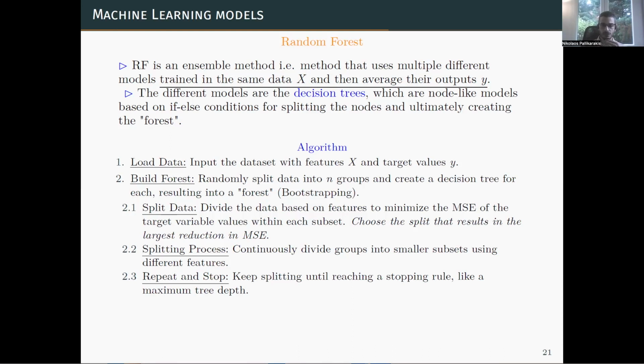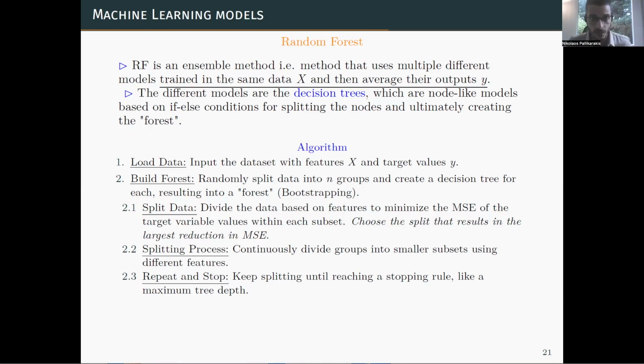The division is done by using the features we have, which for us will be the eigenvalues, and asking if-else questions on the features. We choose the best split, which is the one that minimizes the mean square error between the target values within each subset. So we start with a big data set and iteratively go to smaller data sets.